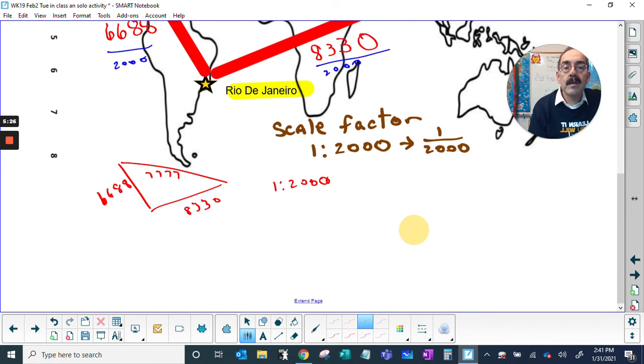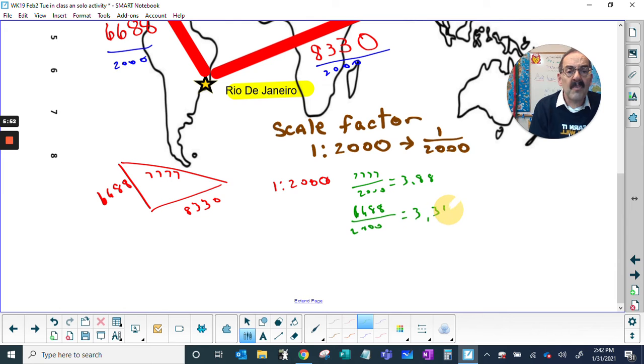Okay, so if we go 7777 divided by 2,000, we're going to get 3.88. And we'll take 6688 and divide by 2,000, and we get 3.34, and we divide 8330 by 2,000, and we're going to get 4.16.